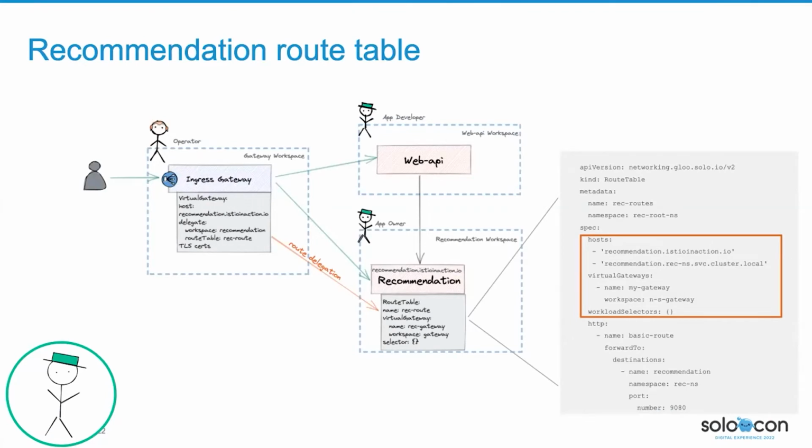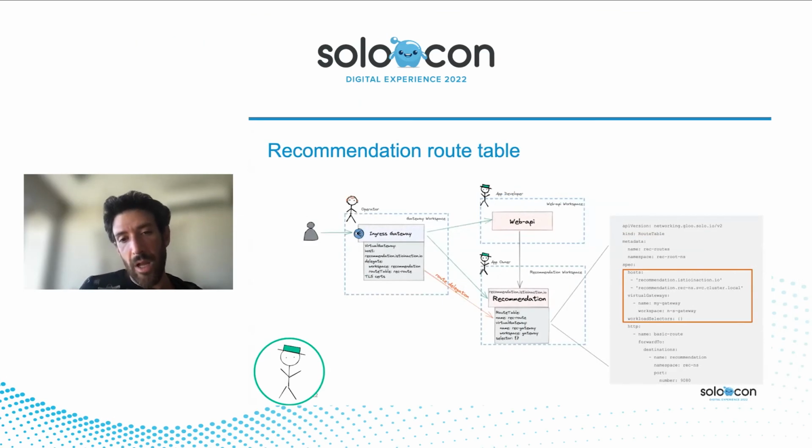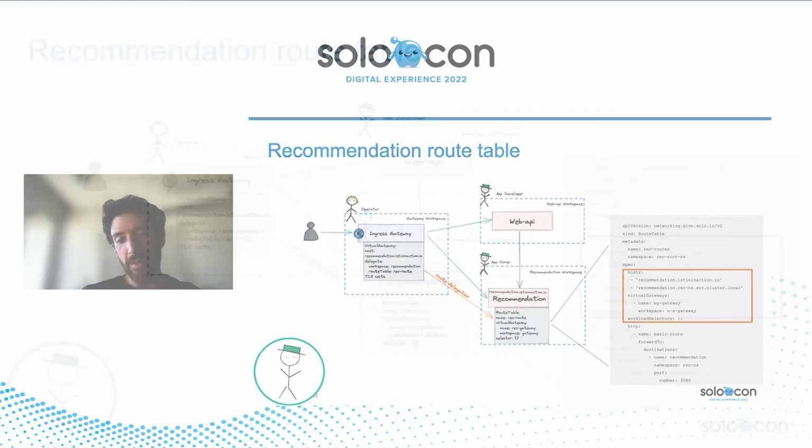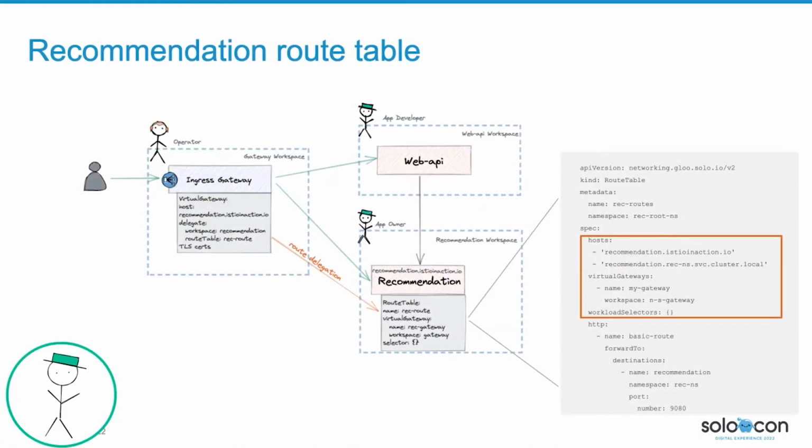So we can take a look here at what a potential route table would look like to expose our recommendation service to traffic on a route. So this route table is going to take traffic on recommendation.istioinaction.io, as well as on the internal kubedns name for the recommendation service. It's going to expose it on both the gateway as well as for east-west traffic.